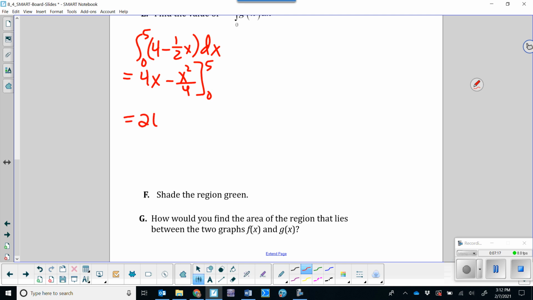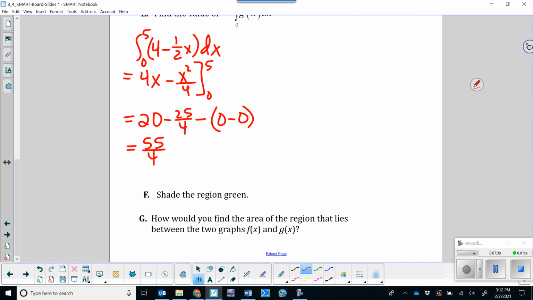So that's 20 minus 25 fourths minus parentheses 0 minus 0, or just at least write minus and then 0 to make sure you get that right. So this one will be a little bit easier. 20 is 80 fourths. 80 fourths minus 25 fourths would be 55 fourths.